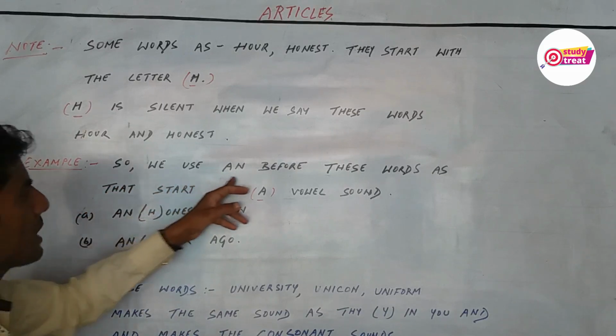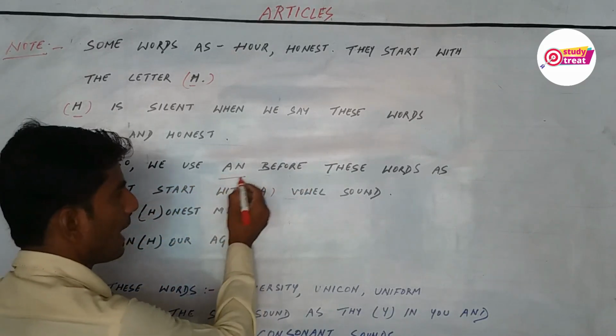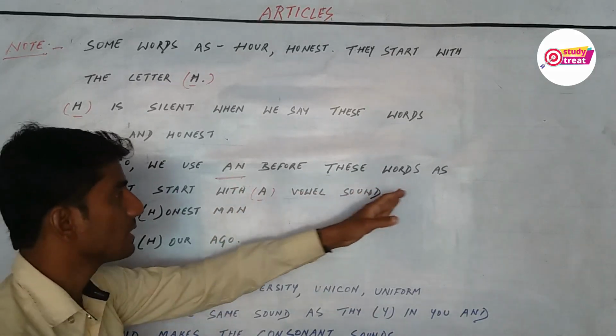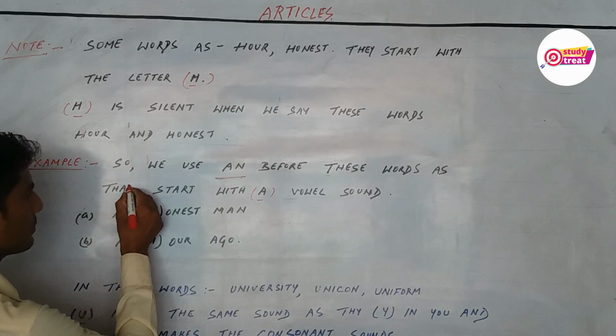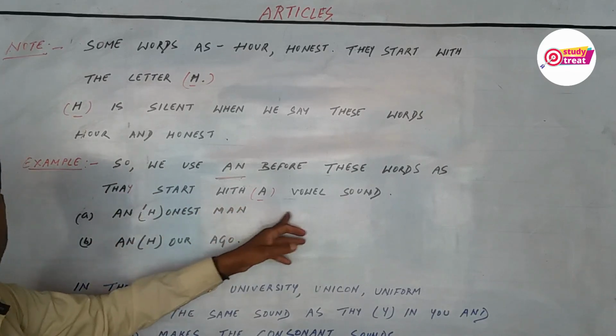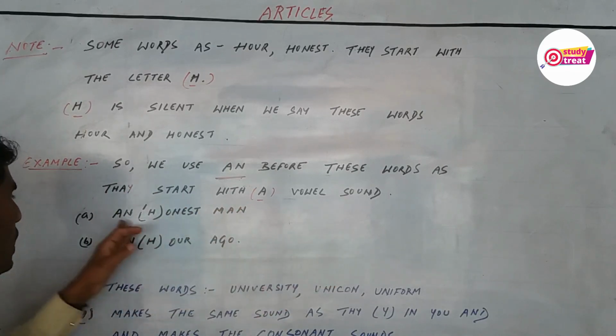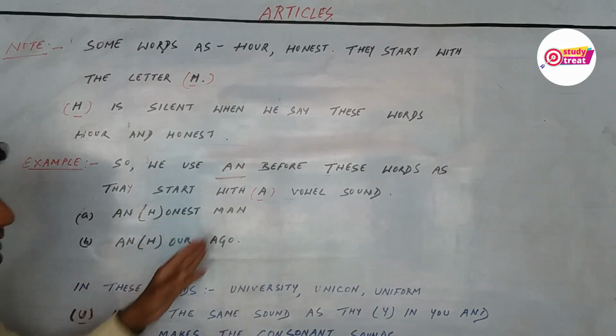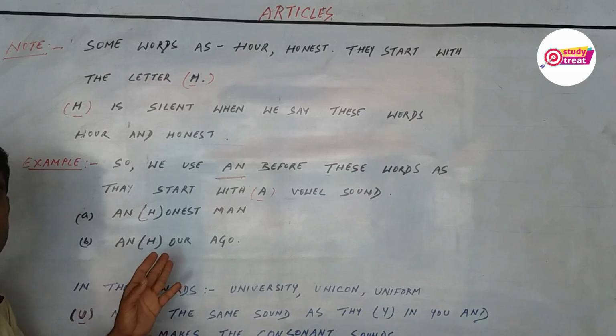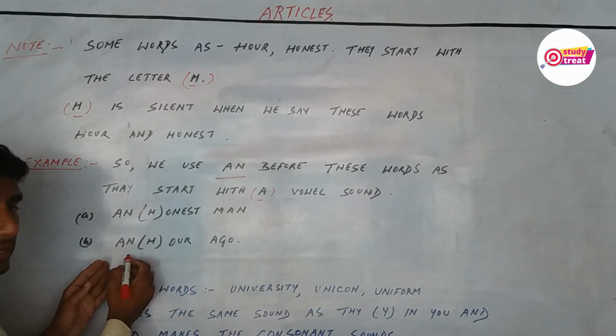So we use an before these words as they start with a vowel sound. See, an honest, H is silent here in honest.